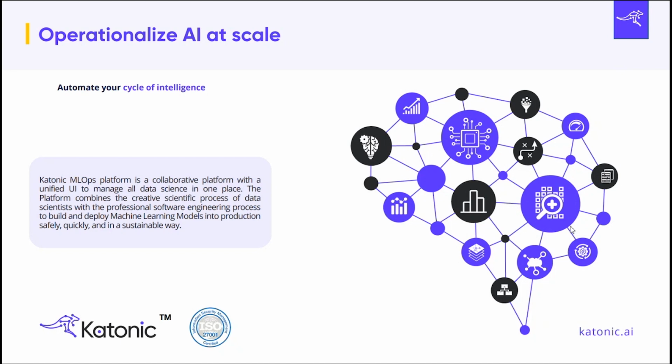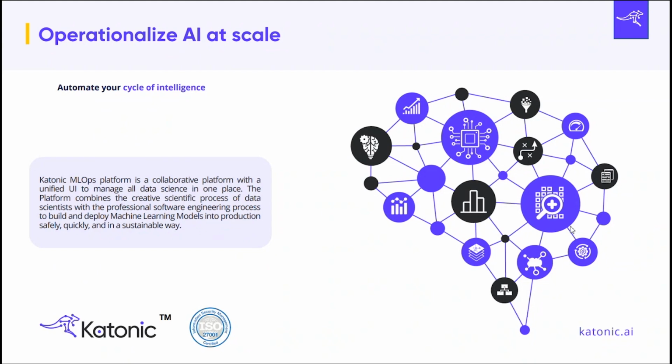Now what happens is we combine the creative scientific process that a data scientist follows, along with the professional software engineers who are required to convert whatever experimentations are being done by data scientists into production ready scripts.